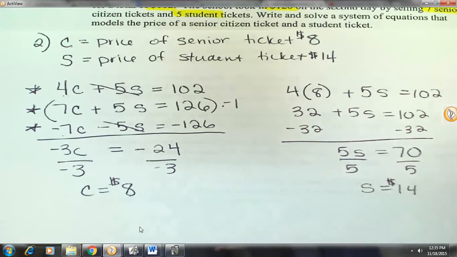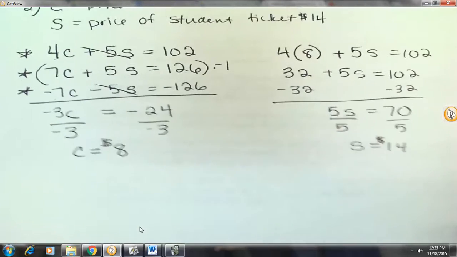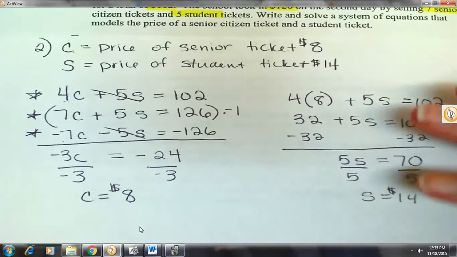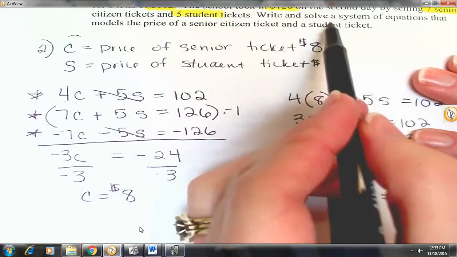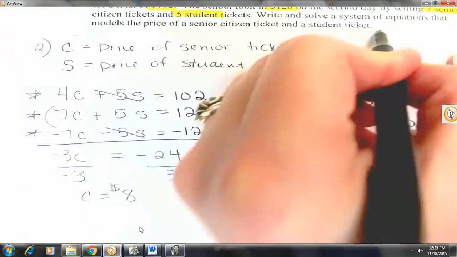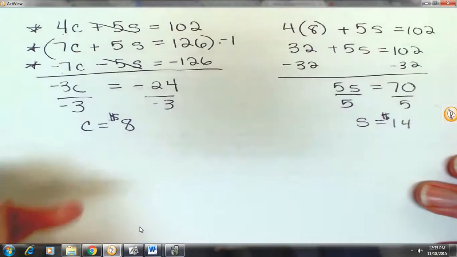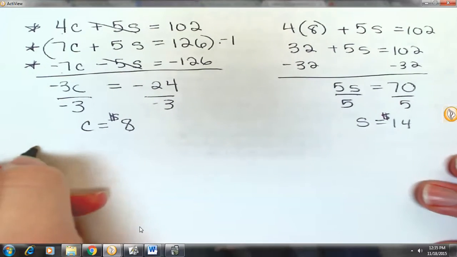Alright, so we've answered, we've really solved, we figured out what we wanted to find. Now I would like for you to write a sentence answering the question. The question is asking you to solve a system of equations that models the price of a senior citizen ticket and a student ticket. So in our sentence, we're going to identify the cost or the price of each.